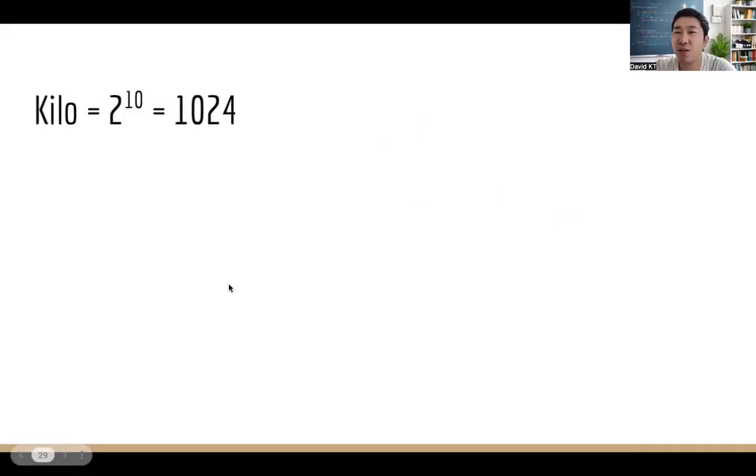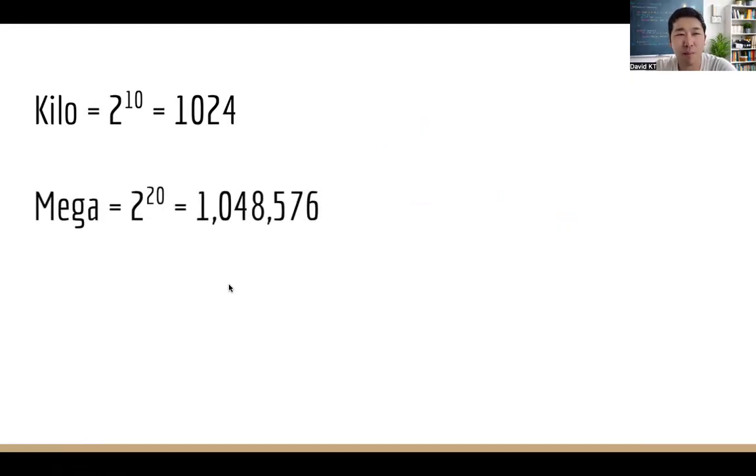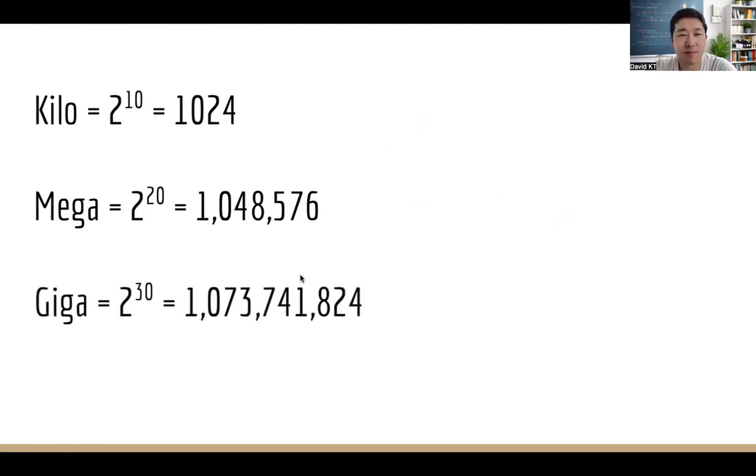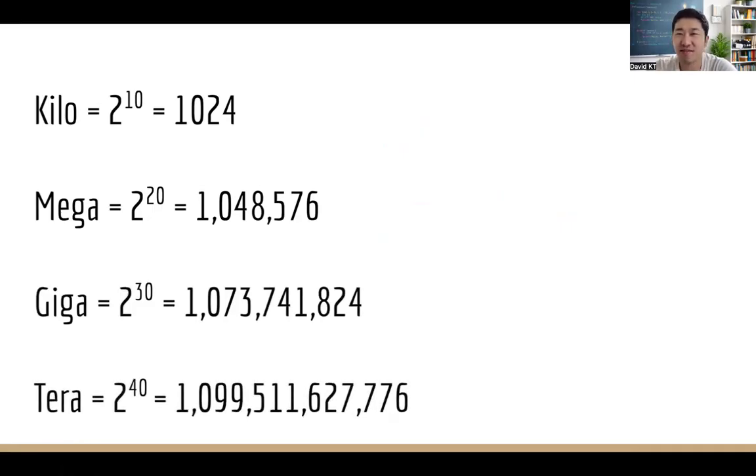So actually, kilo means 2 to the 10th power, which is 1,024 bytes. Mega usually means a million, but in this case, it's 2 to the 20th power, which is 1,048,576 bytes. You see the same pattern with giga and with tera. So these terms don't match exactly with the number of bytes simply due to mathematics.